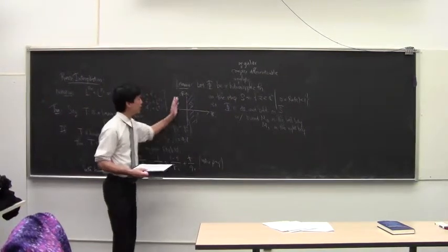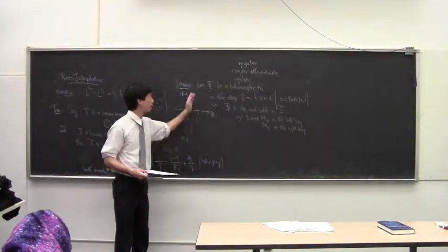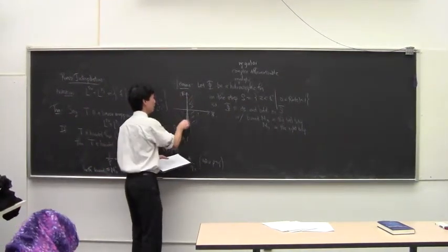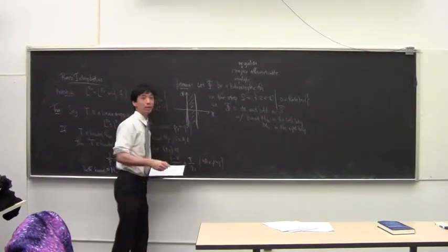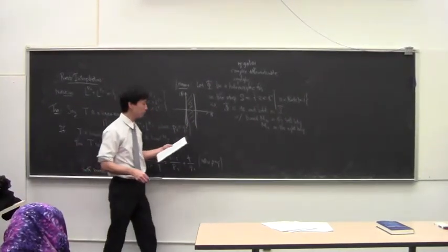So the size of phi is controlled on the left line by M naught, and controlled on the right line by M1.